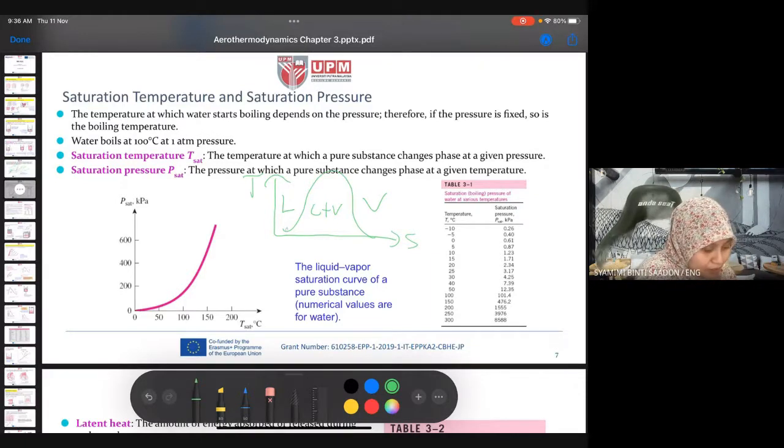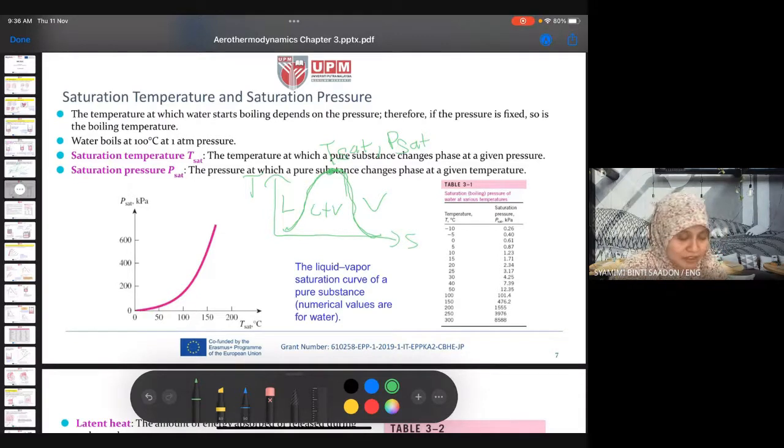So the vaporization occurs at the peak point here, where the temperature is saturated and the pressure is also at the saturation value. So once the temperature and the pressure decrease, lower, then the water will start to become vapor.